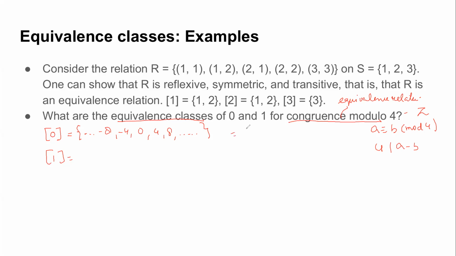Okay, so in general, if you write it in this notation, is it clear to everyone how we are getting the two equivalence classes?